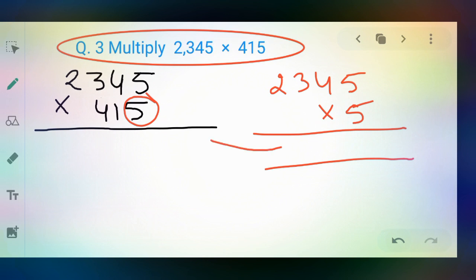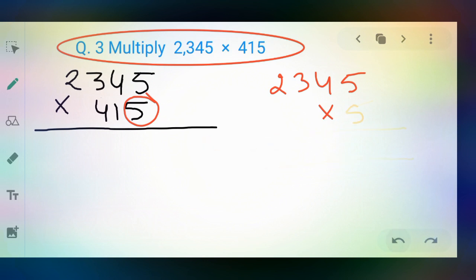Okay, after that I will multiply this large number by the next digit, that means of the tens place. Okay, and you know very well, whenever you multiply by the tens place, you put 0 on the ones place.